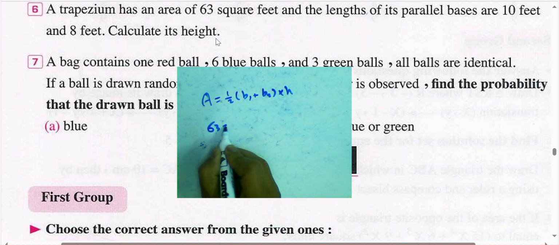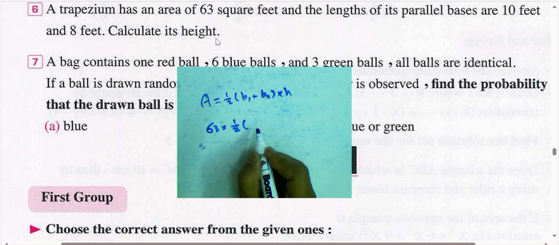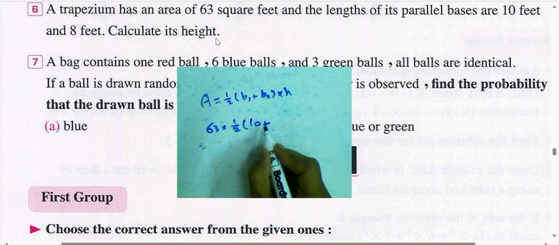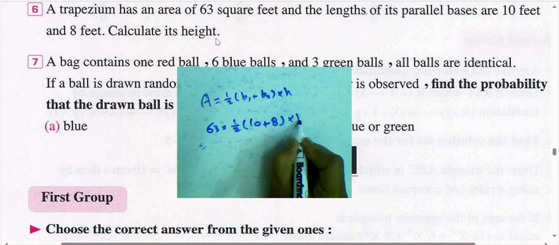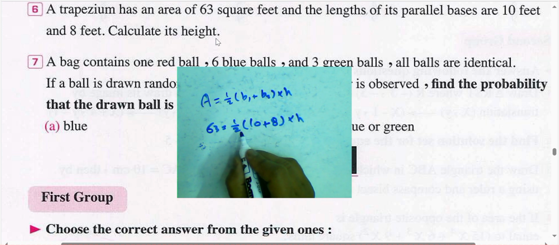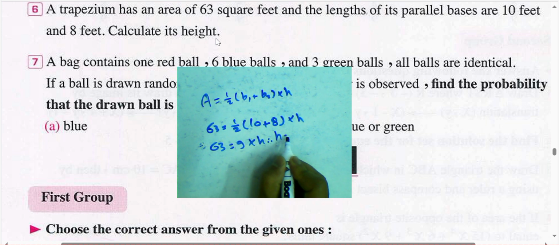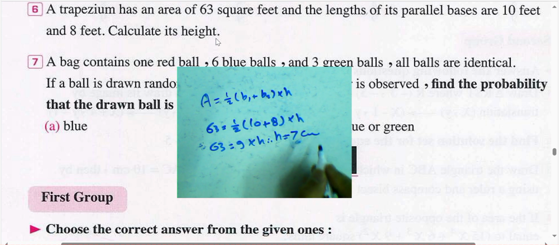The area is 63 equal half times the sum of the two bases. Okay, first base 10 and second base 8. Then 10 plus 8, 18, divided by 2 equal 9. Then 63 equal 9 times h. Then height equal 7 centimeter.